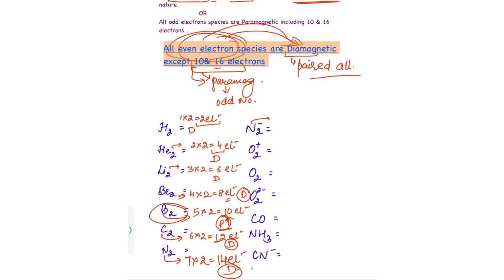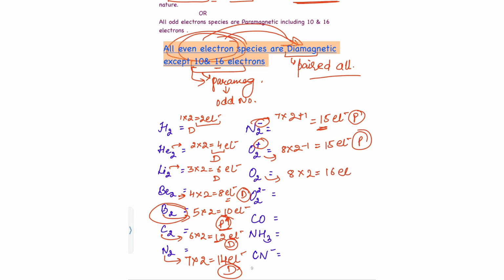N2 negative, 7 into 2, 14, plus 1, 15 electrons, because electrons are odd here, the species is paramagnetic. O2 positive, 8 into 2 minus 1, 8 into 2, 16 minus 1, 15 electrons, again it is paramagnetic. O2, 1 oxygen contains 8 electrons and 2 contain 8 into 2, 16 electrons, so the species is again paramagnetic.